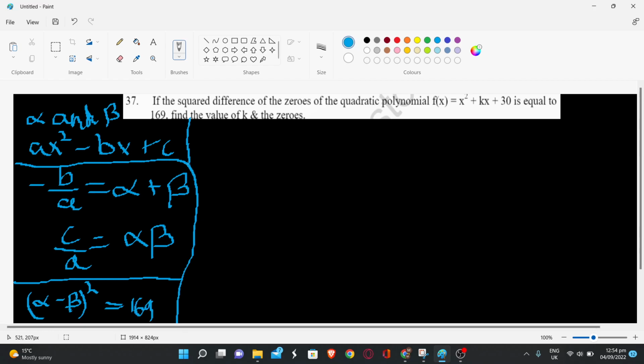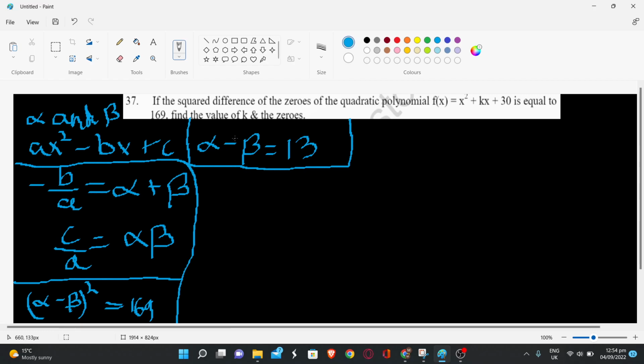Now I'll draw another box here to form a little equation. I know that 169 is a perfect square, so I will take the square root of both sides, and I will get alpha minus beta is equal to 13.